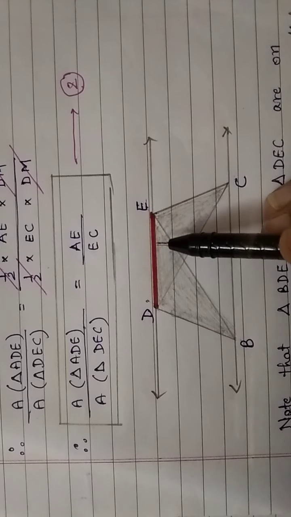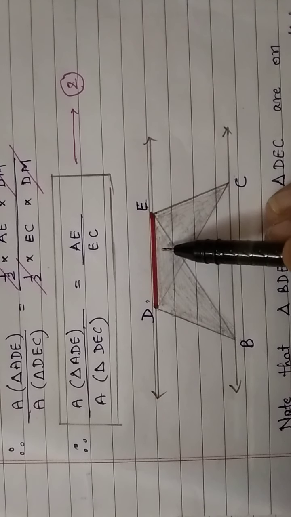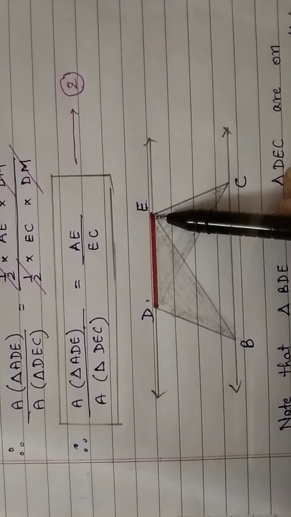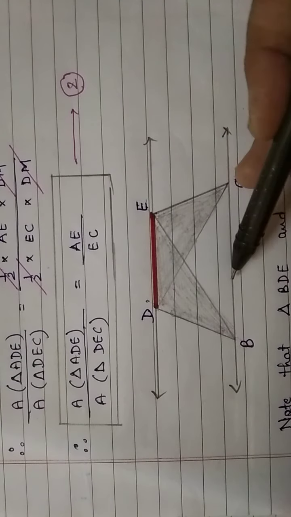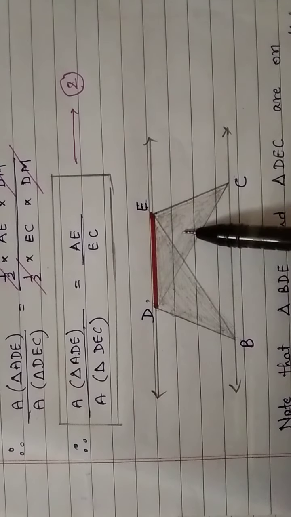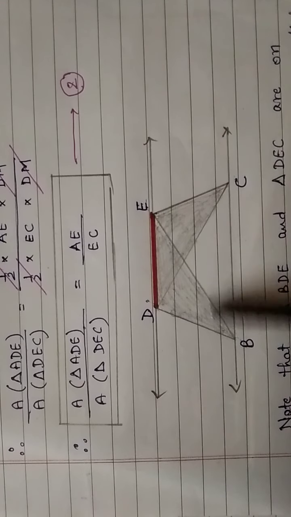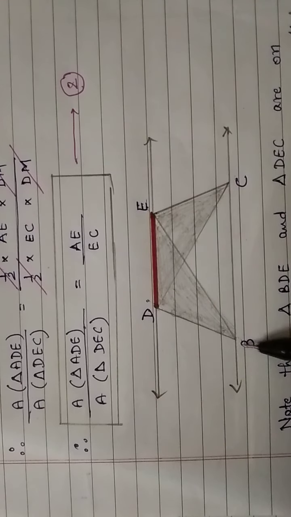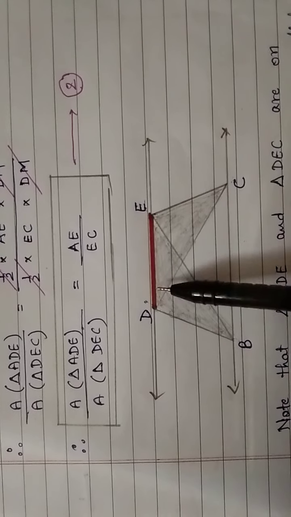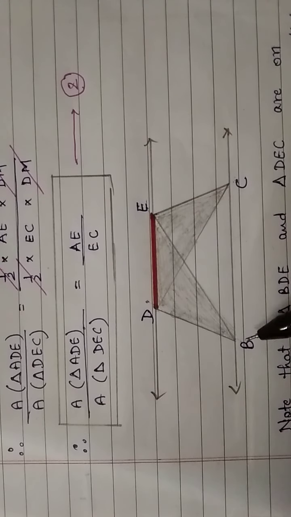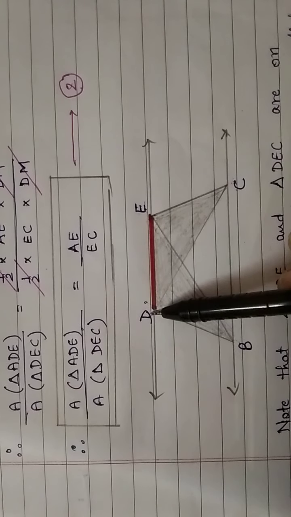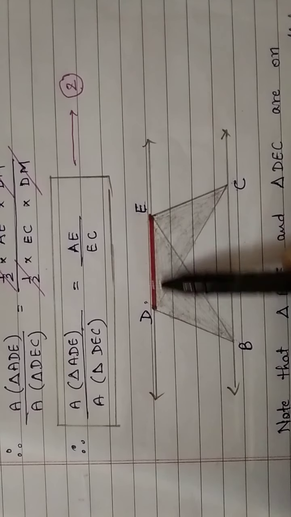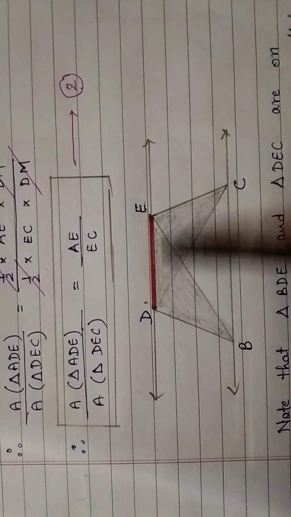Now you had already learnt this in your lower classes in 9th standard, that if two triangles have a common base and they lie between the same parallel lines, then the two triangles have equal areas. So DE was parallel to BC and DE is the common base for both triangles BDE and CDE.